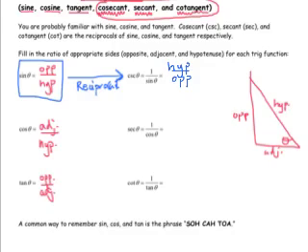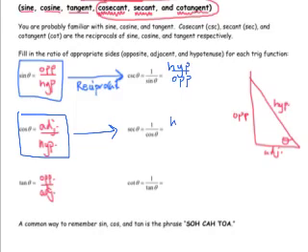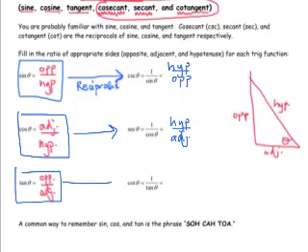Secant of theta is going to be the reciprocal of cosine. Again, top goes to bottom, bottom goes to top, so this is hypotenuse over adjacent. And then tangent of theta, its reciprocal is cotangent, and that's adjacent over opposite.